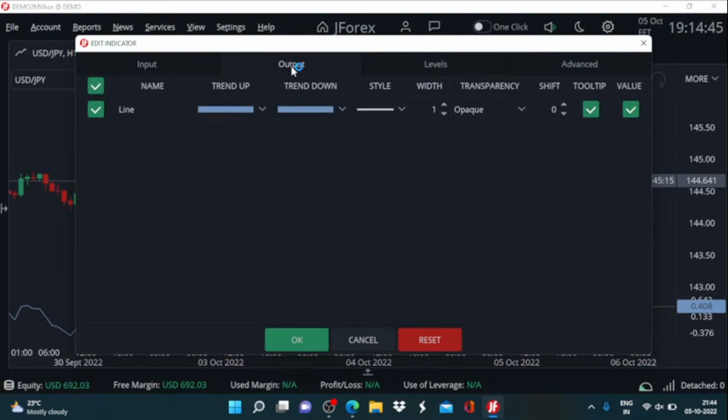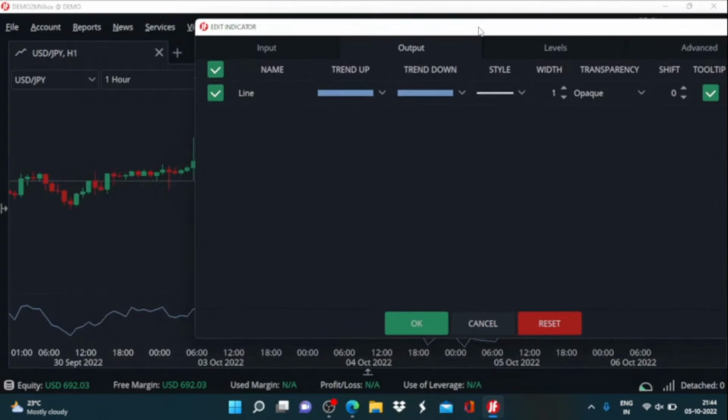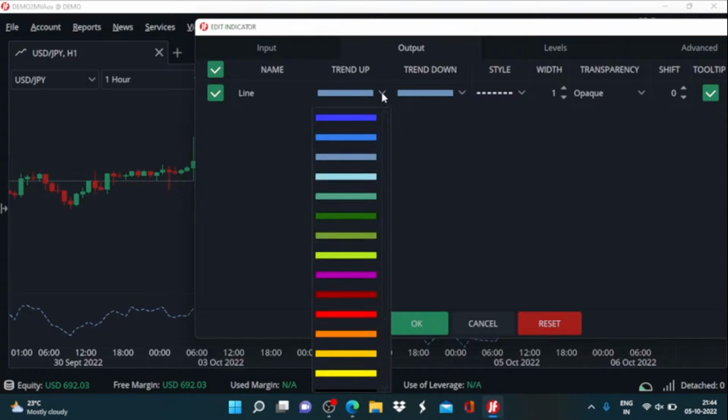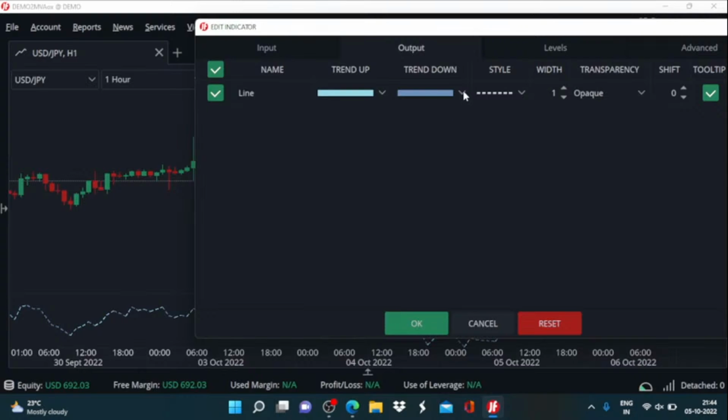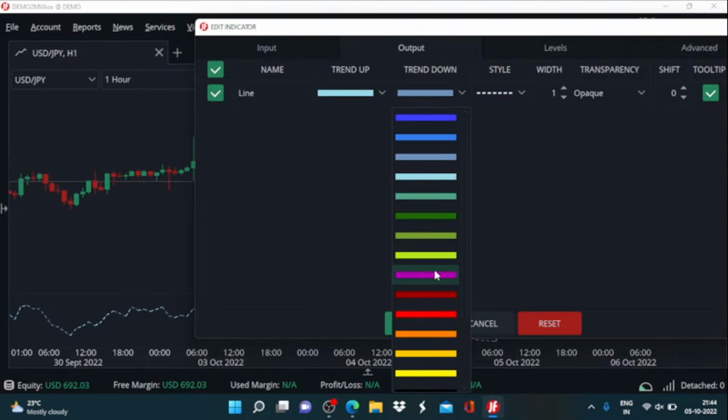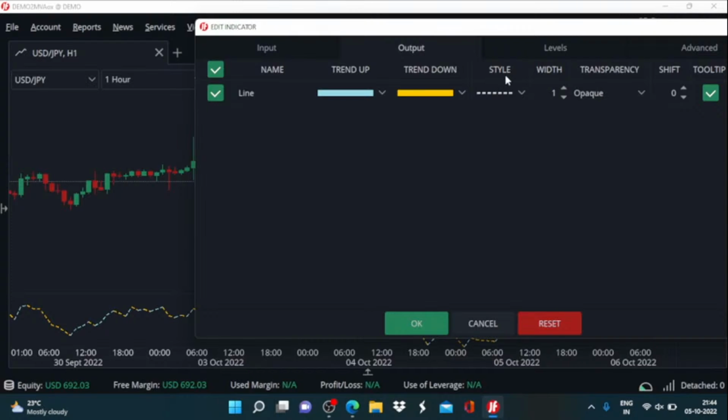Now coming to the defining of the output parameter, we get this line. It is a simple line, but if you want to style it up, you can do that. We get these options, and you can even change this color combination. You can even go for two different color combinations, one for up and one for the downside.